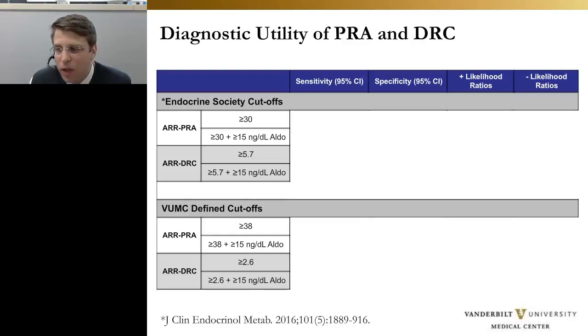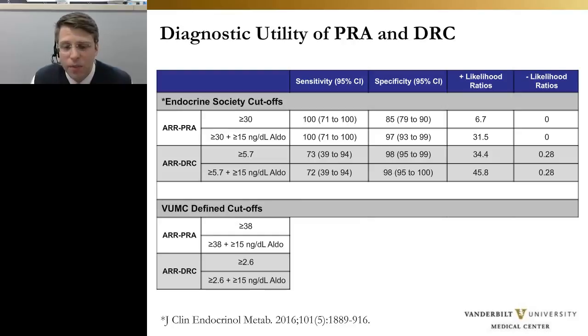Plasma renin activity showed superior sensitivity and specificity, as well as positive and negative likelihood ratios here. You can see that there's higher sensitivity when you're looking at the cutoffs of greater than 30 and then greater than 30 plus 15 nanograms per deciliter for aldosterone when it's calculated with plasma renin activity, and lower sensitivity with the aldosterone to renin ratio with the suggested cutoffs for direct renin concentration.